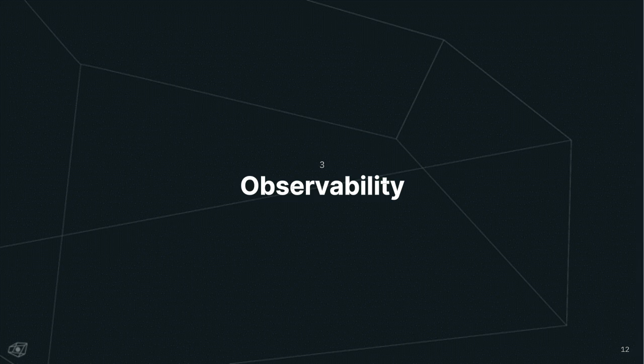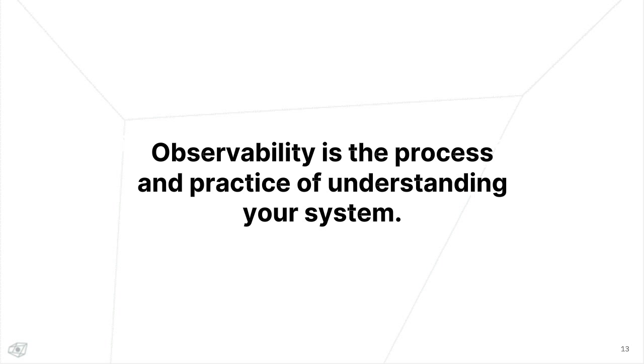Maybe I should just say what is observability. It's an approach in a lot of ways. It's not a single tool that you can buy or anything like that. Of course, there's a lot of tools that can support observability, but really it's a process and a practice of understanding your system, about being able to understand why things are happening.